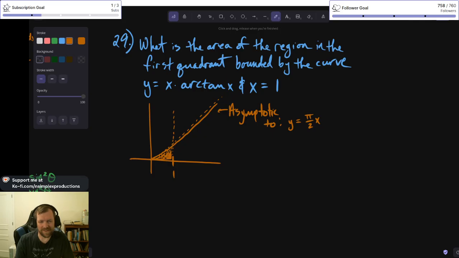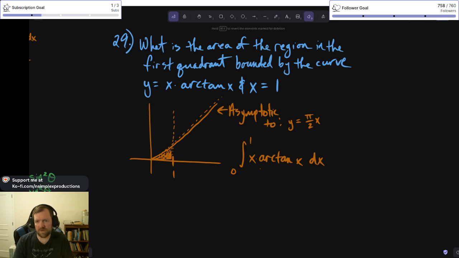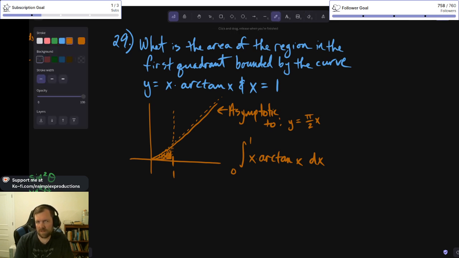Okay, so anyway, this thing, right? So we want, what is the integral from 0 to 1 of x arctan x dx?